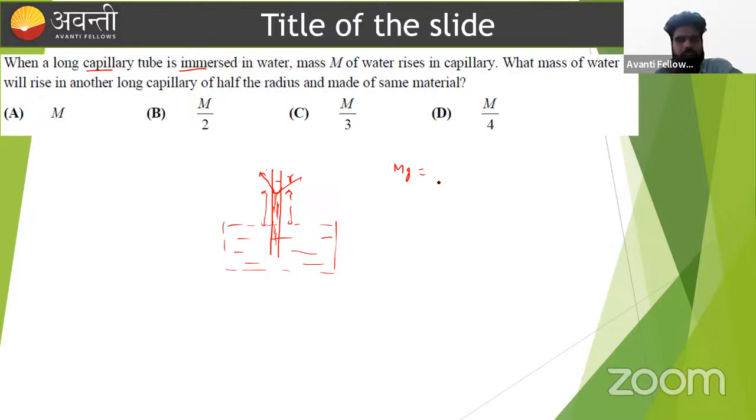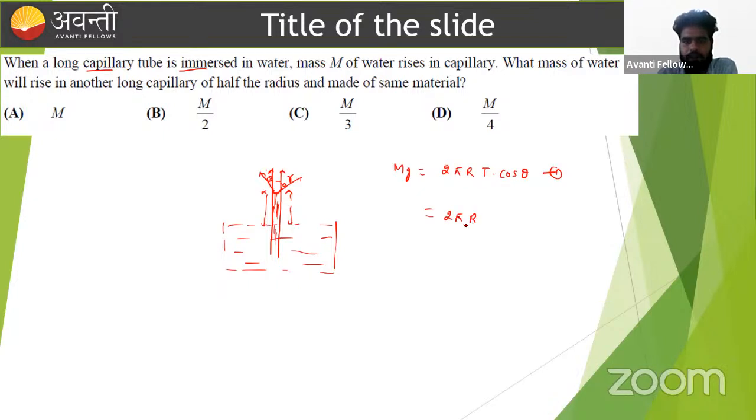If we consider the contact angle theta, it can be written as 2 pi r into T into cos theta, because the surface tension force acts all along the periphery. Surface tension force is nothing but surface tension into length. So if this angle is the contact angle theta and we take the component T cos theta into 2 pi r.